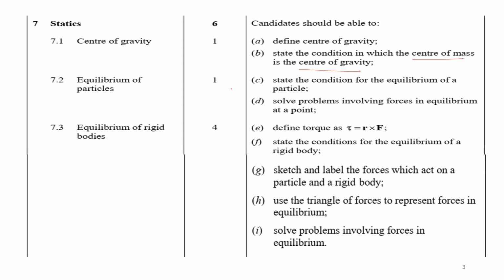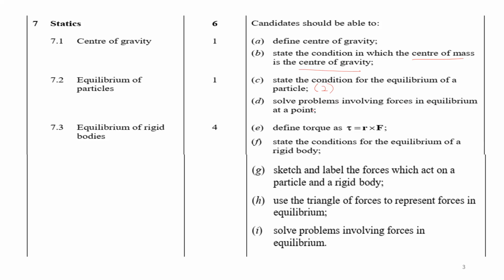Equilibrium of particle: state the condition for a system to be in equilibrium. There are generally two conditions for a system to be in equilibrium. If you have done the chapter, then you should be able to recall. There are only two conditions. Solve problems involving forces in equilibrium.